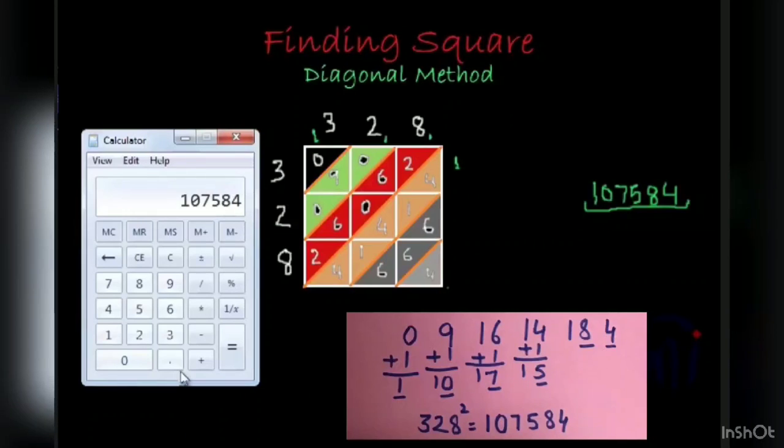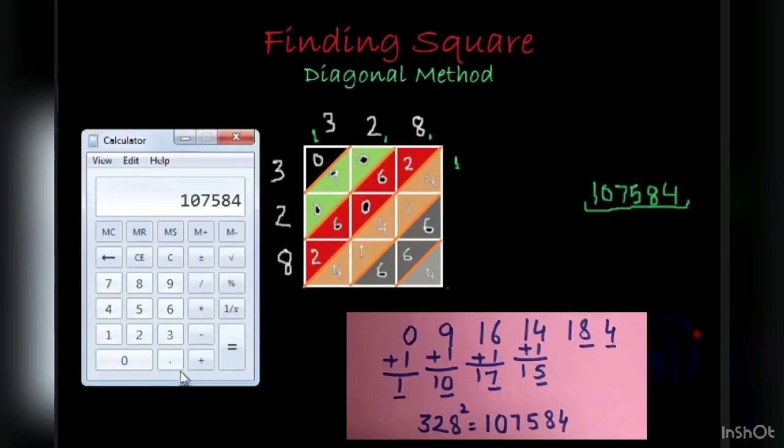Underline 0 and add 1 to the last 0 and you will get 1. Now write the answer, which is the underlined digits 1, 0, 7, 5, 8 and 4. So 328 square is 1,007,584. And you can check this by using a calculator also. You will get the same answer.